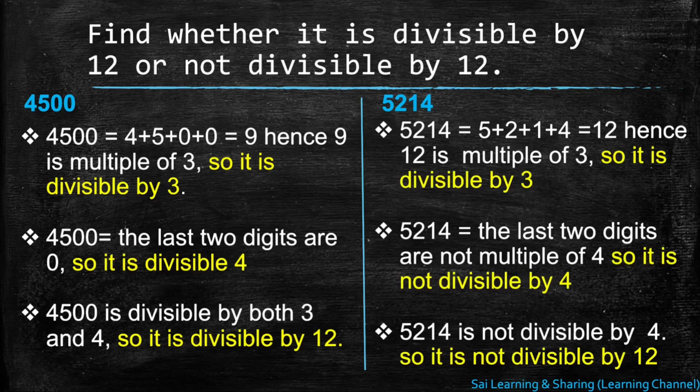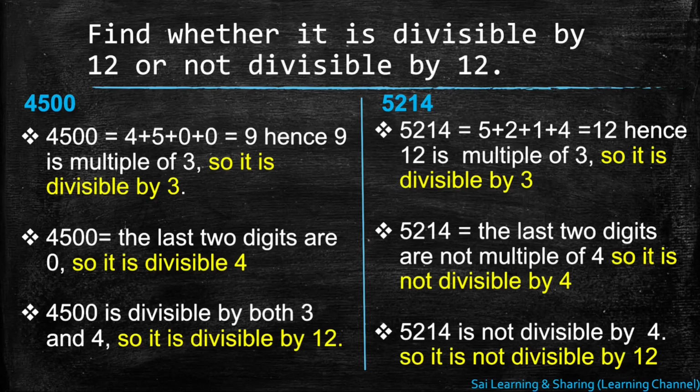Now to the next question. When we add this number, we get the answer as 12. Hence 12 is a multiple of 3, so it is divisible by 3. But to check if it is divisible by 4, the last two digits are not a multiple of 4. So it is not divisible by 4.